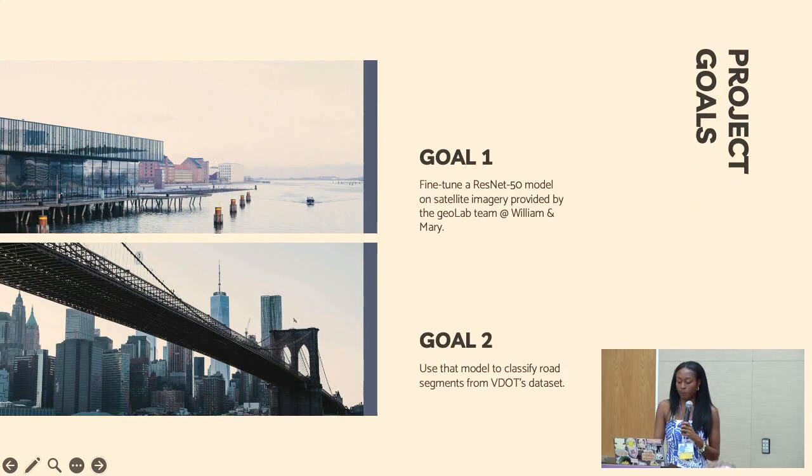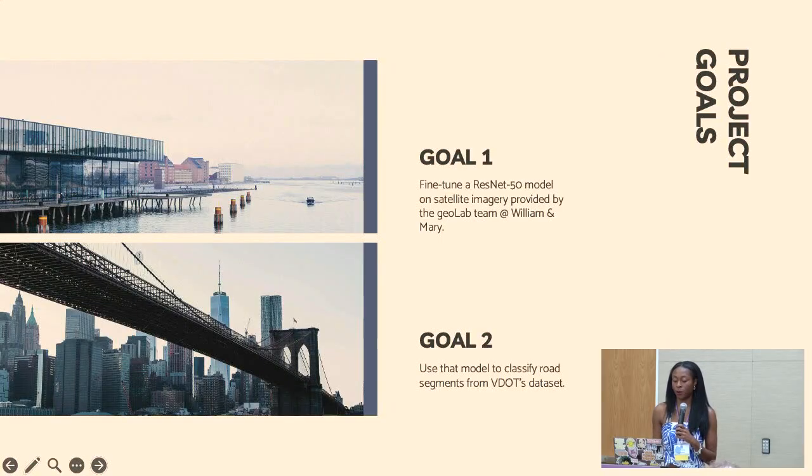So for my project, I had two goals in mind. The first one was to fine-tune a ResNet 50 model on satellite imagery provided by the GeoLab team. So I used the same images that they used in their research paper, or at least a subset of it. And then my second goal was to use that model to classify road segments from VDOT's dataset.